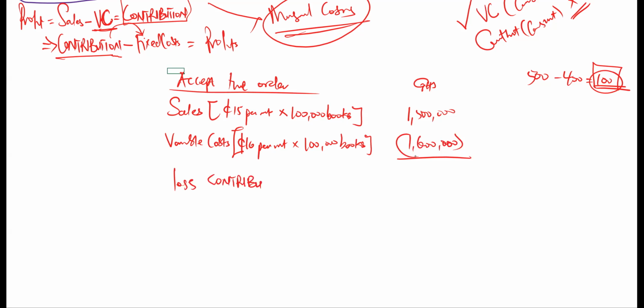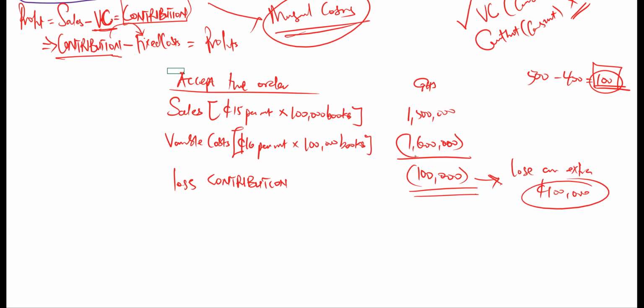So should we accept the order or reject the order? Reject the order. Why? Because if we accept the order, we are going to lose an extra 100,000. We will incur more costs than the amount we are receiving. So what would you advise the bookshop to do?